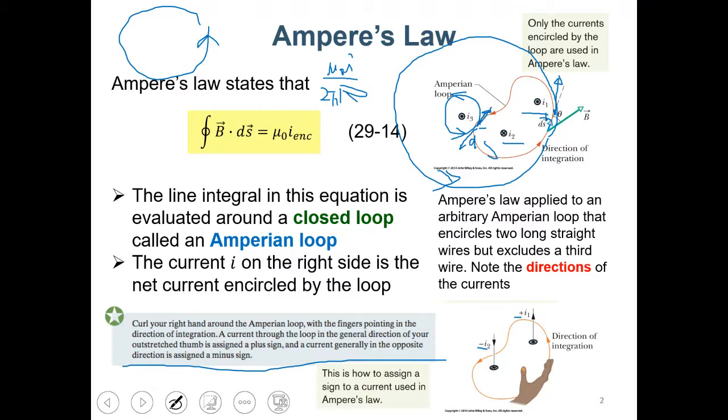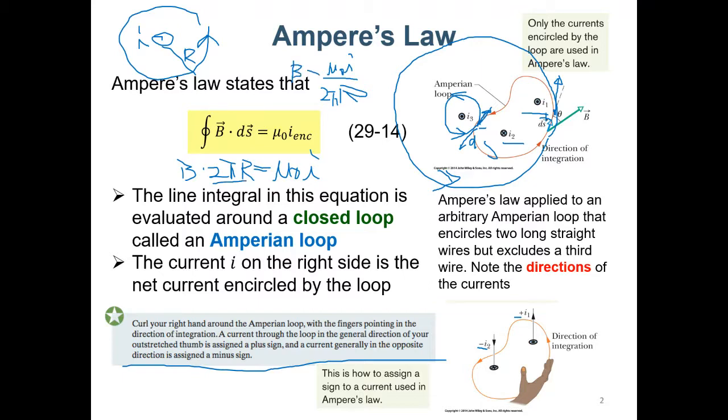This is the Ampere loop, and this is the current. So we can write B dot ds will be something like B times 2 pi R equals mu I. And you divide 2 pi R on both sides, then you get B equals mu0 I over 2 pi R.